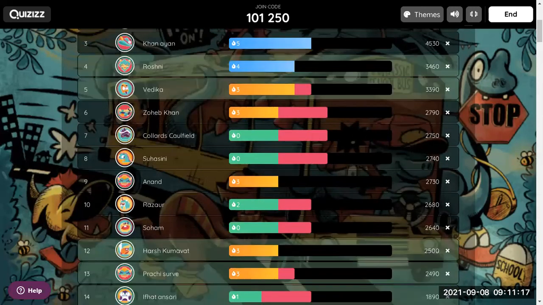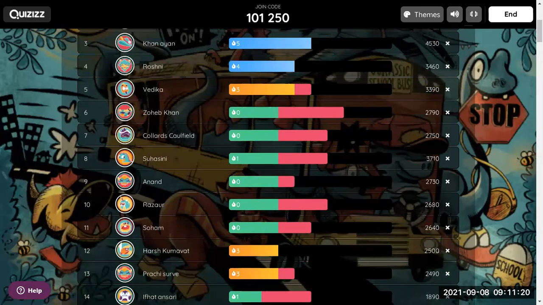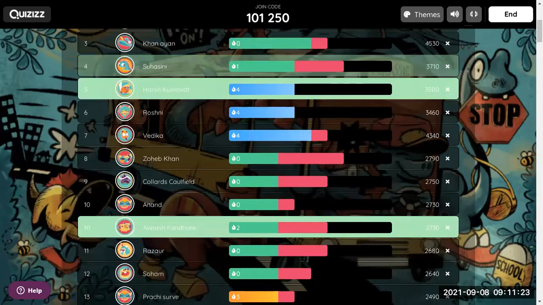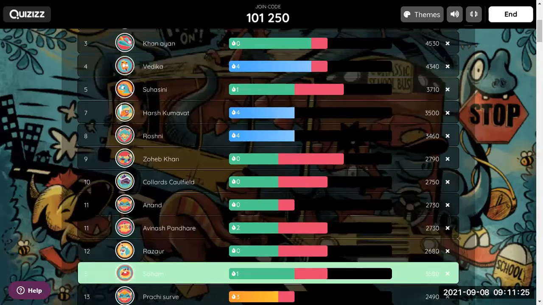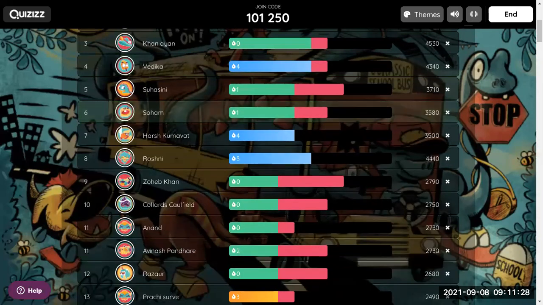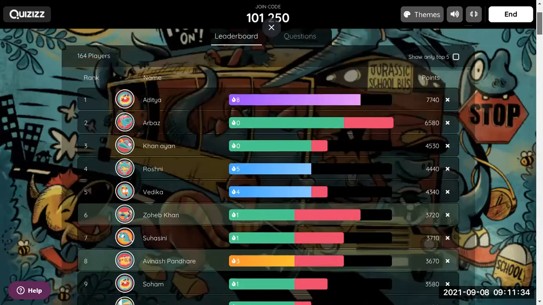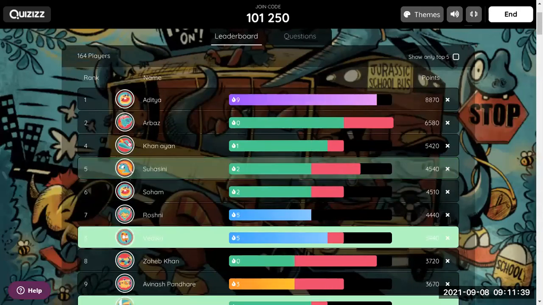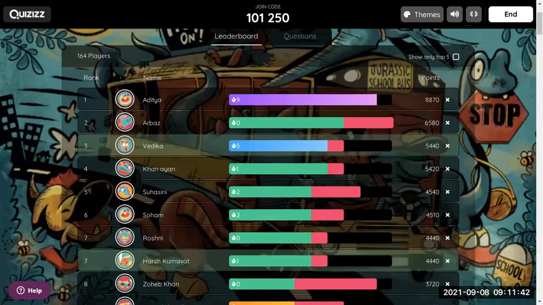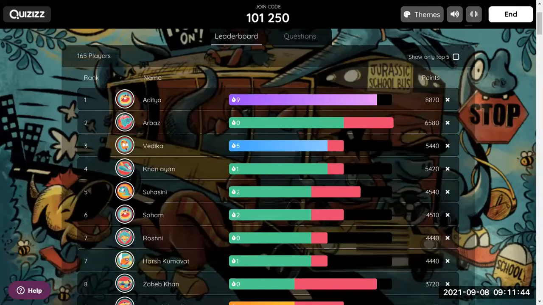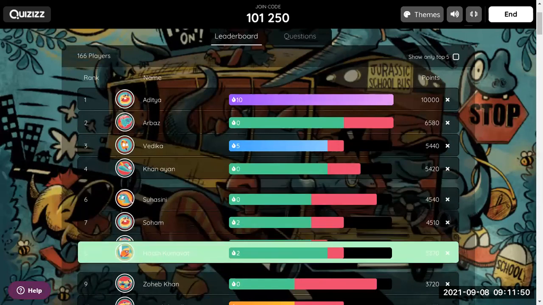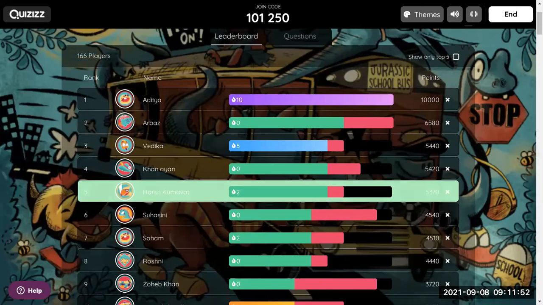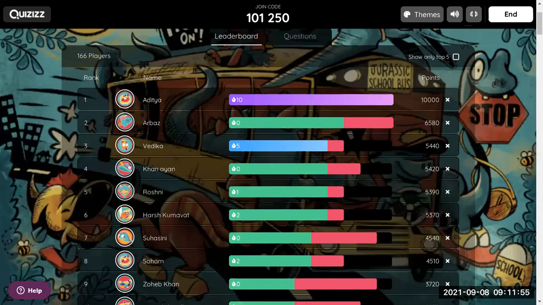Roshni, Vedika, you're doing very good. Suhasini, please read the questions carefully. You get them right. Very good. Super. Vedika, continue. You're on the good track.